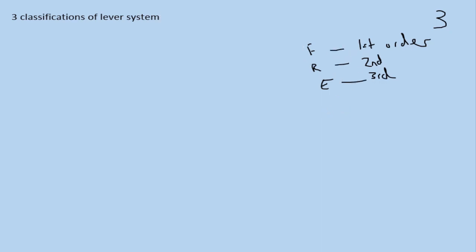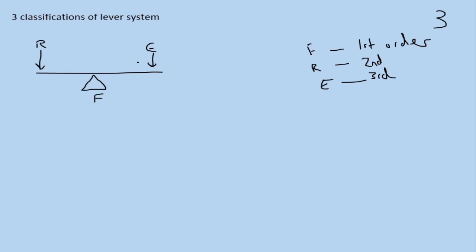All that means is, for a first order lever, the fulcrum has to be in the middle. For a second order lever, the resistance has to be in the middle. And for a third order lever, the effort has to be in the middle. So let's draw the seesaw that we had in the previous video. We have the resistance on this side, and we have the effort on this side, and the fulcrum in the middle.